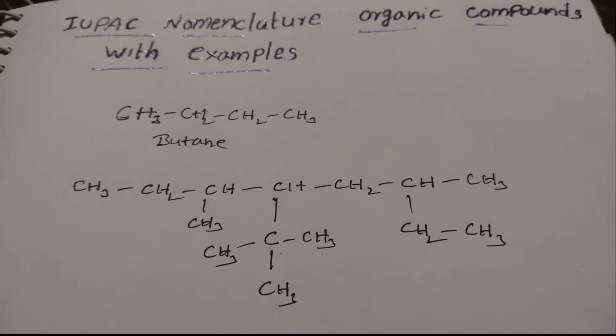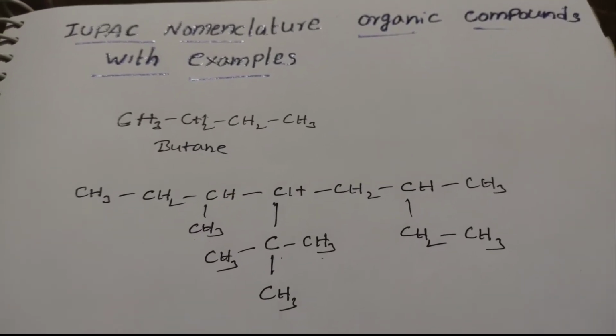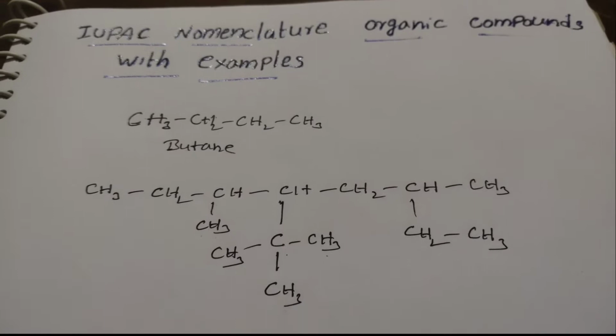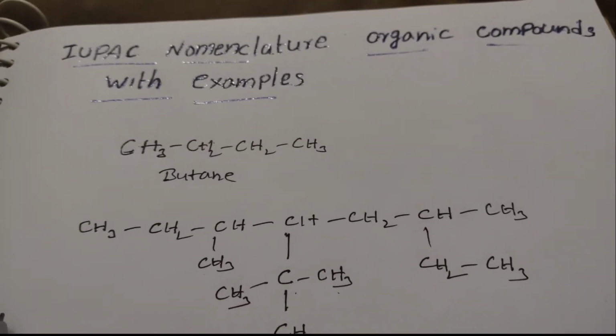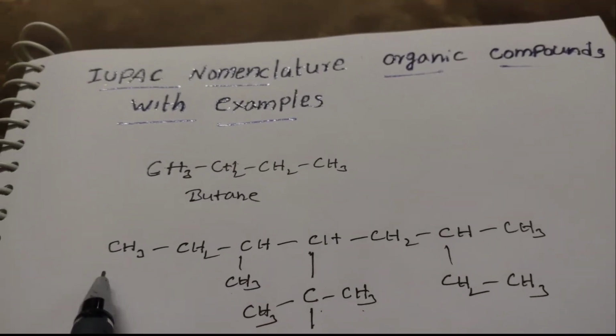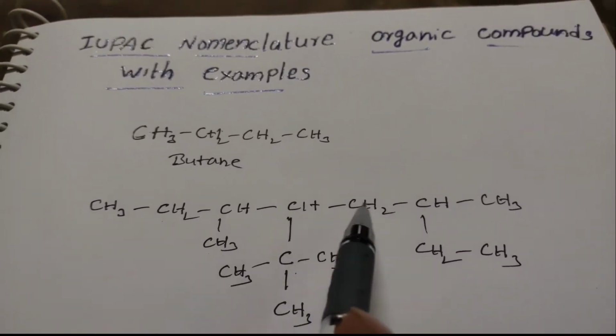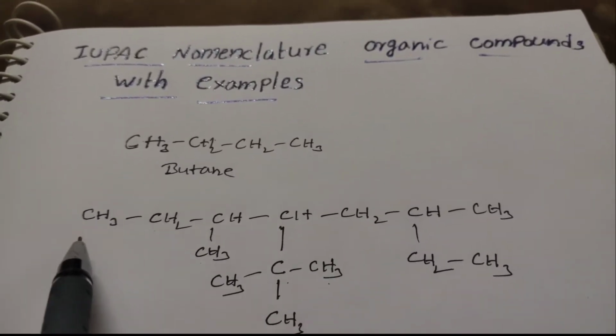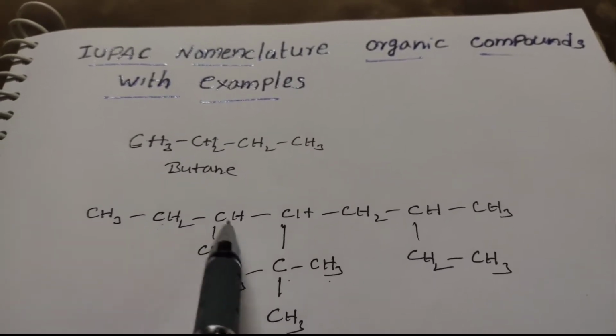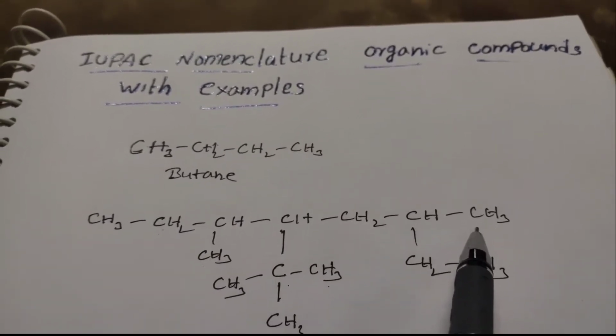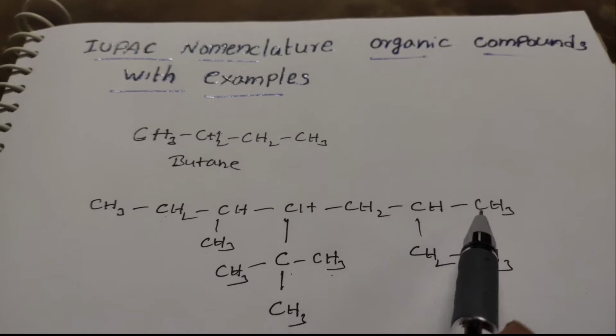So in that case, how can we give the nomenclature? Giving the numbering is the top priority. If I number 1, 2, 3, 4, 5, 6, 7, it covers only 7 carbons.